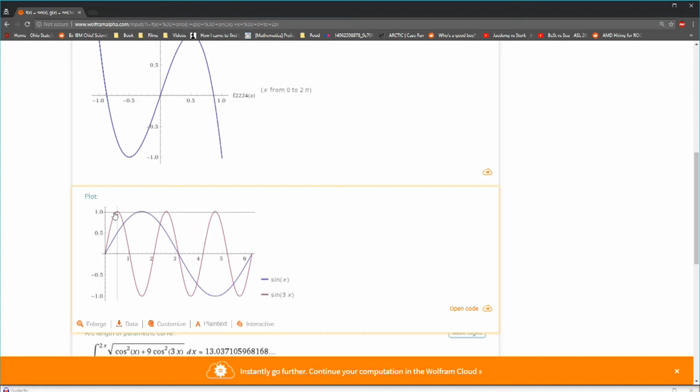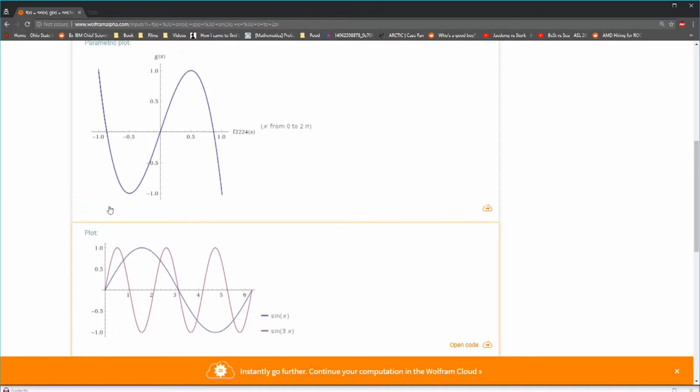Notice that g of x has 3 positive peaks, or relative maxima, while f of x has only 1. Obviously, this means that g of x has 3 times the fundamental frequency of f of x.